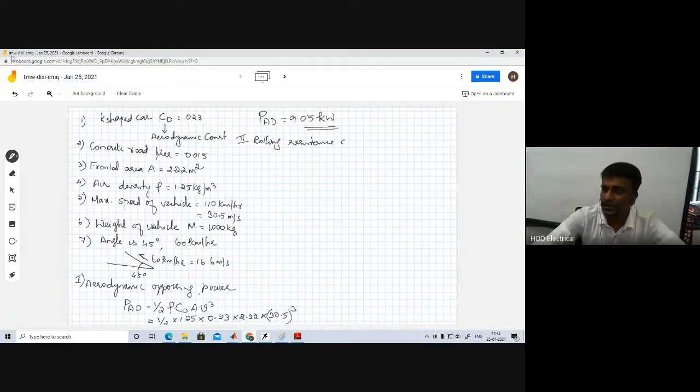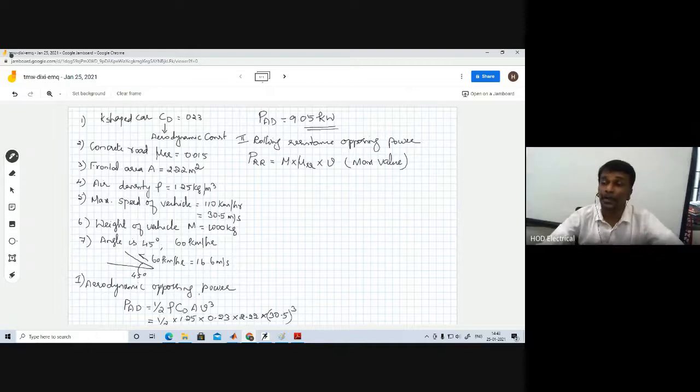Next is the rolling resistance opposing power. The rolling resistance opposing power P_RR is mass into g into the rolling resistance constant into velocity. This is the maximum value, since it varies with cos theta. Whenever the slope angle is 0, we have the maximum rolling resistance.